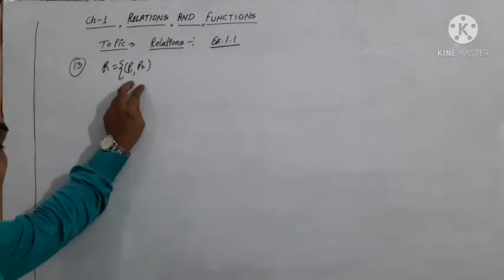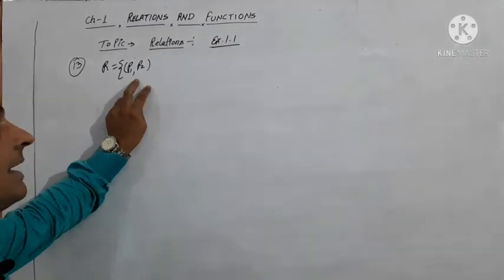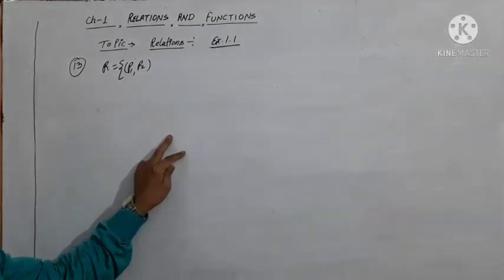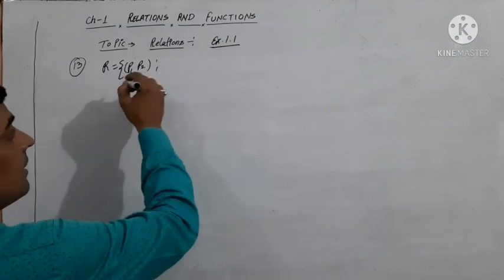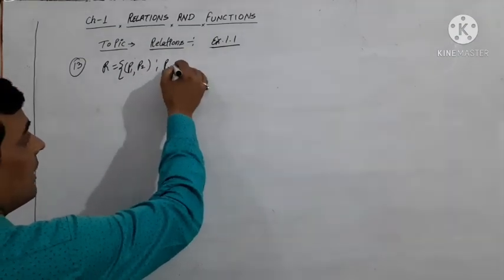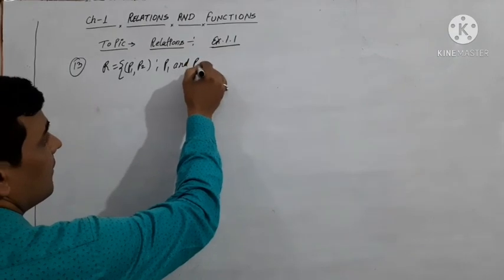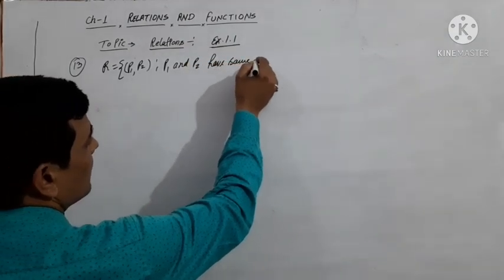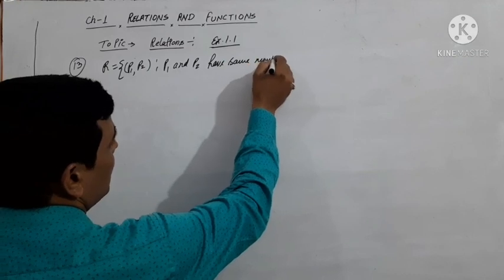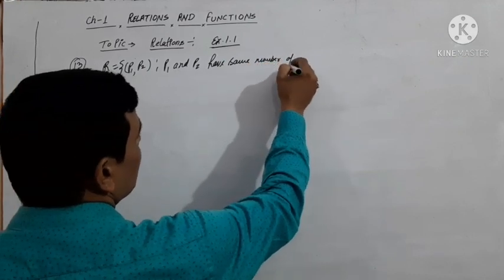They may be triangles or quadrilaterals or pentagons or hexagons, etc. They may be any one of them. Here P1 and P2 have the same number of sides.